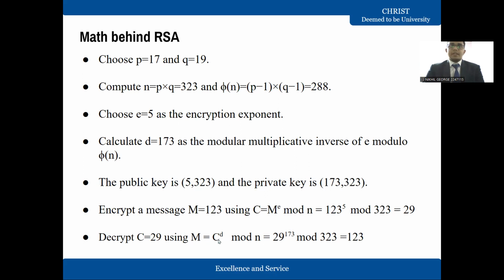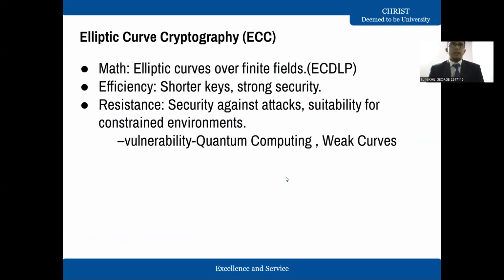So c to the power d mod n will be 29 to the power 173, which is your private key, mod 323, giving 123.